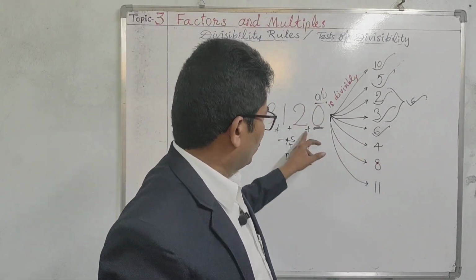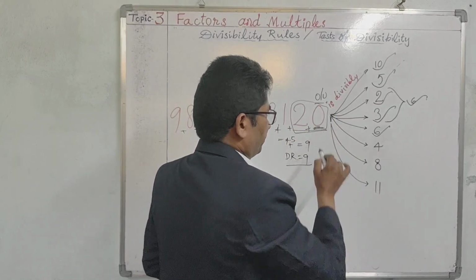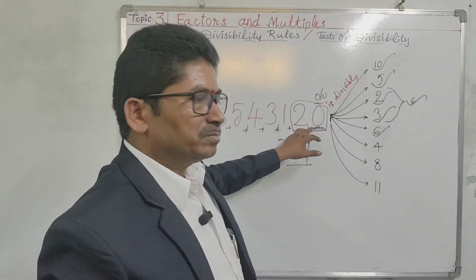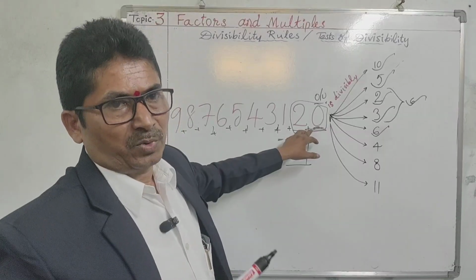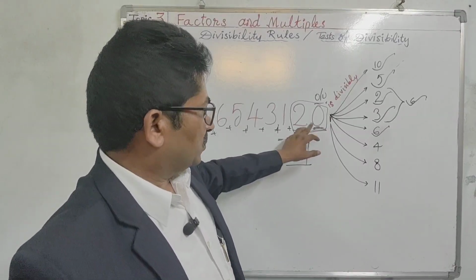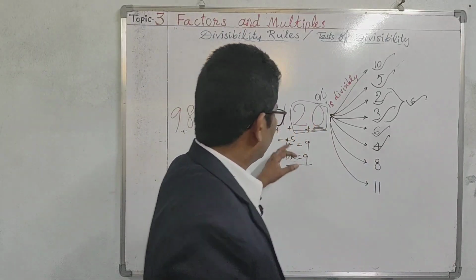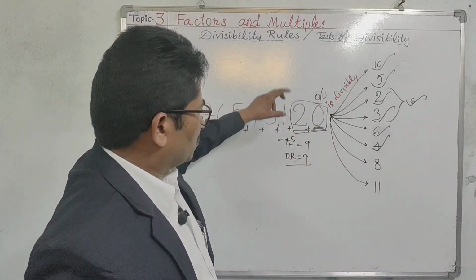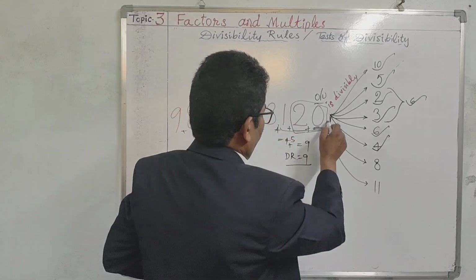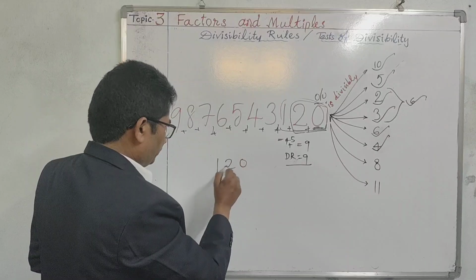Next, is this divisible by 4? Yes. In that I gave a sequence. In that sequence we have these digits, 2 0, 20. 4 fives are 20. So that's why it is exactly divisible by 4. Is this divisible by 8? How to identify? We have to check the last 3 digits. 120.